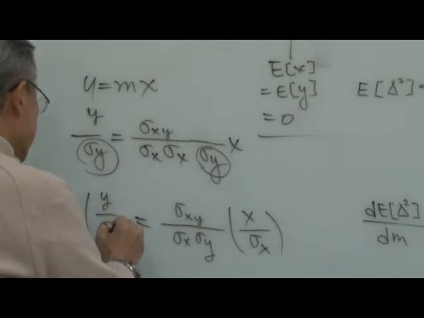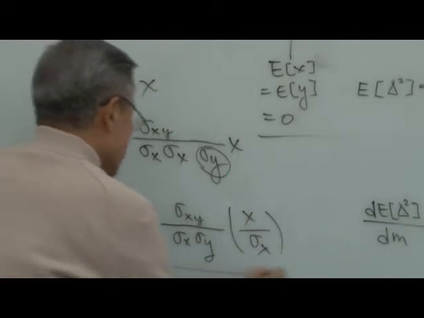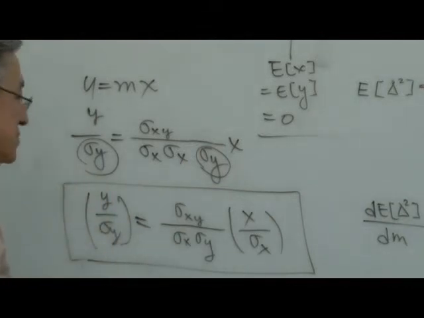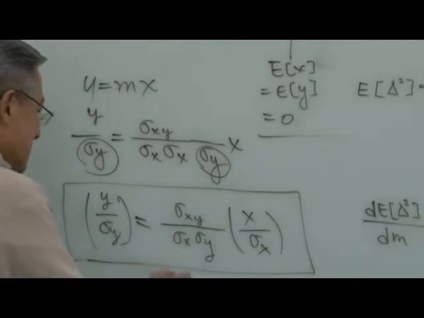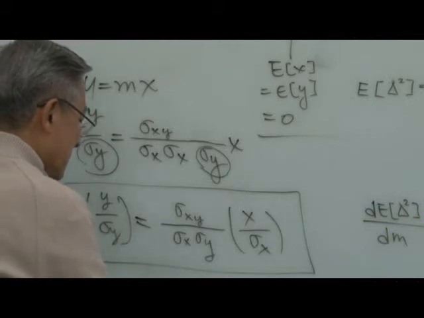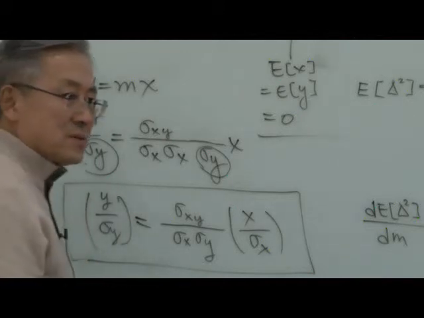Say yes. Yes, so this is a nice final representation of the correlated situation, the correlation function. This is called rho xy. What do you call the rho xy?